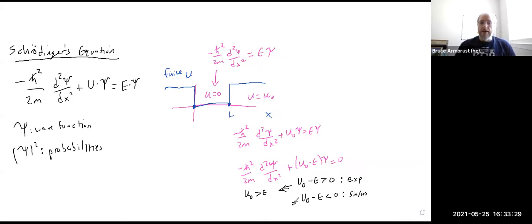For the second one, this gets reversed. And so now we're saying that the particle has more energy than needed to escape the box. So let's start with that second one, because I think that makes a lot more sense.